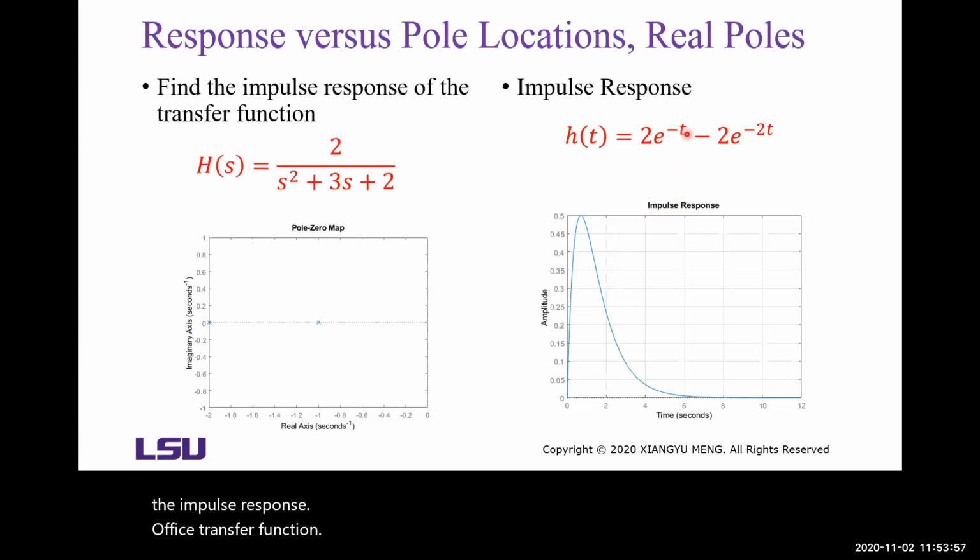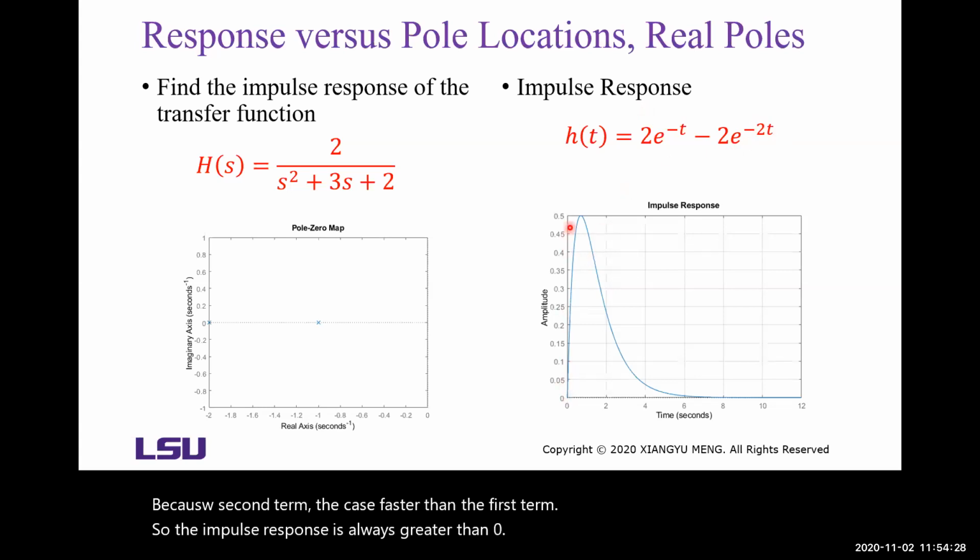At the beginning when t is 0, both components are 2 and minus 2, so the impulse response starts at 0. With the increase of t, because the second term decays faster than the first term, the impulse response is always greater than 0.